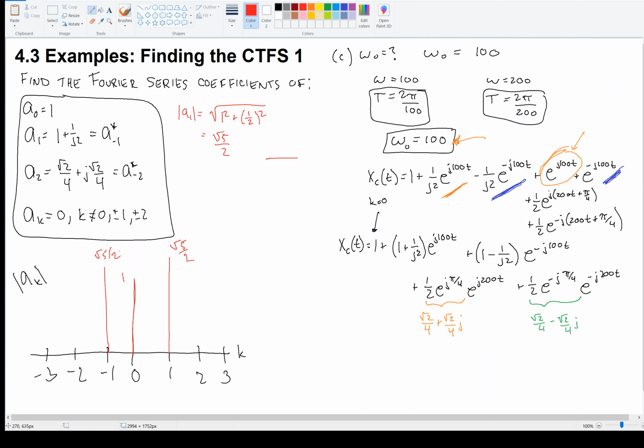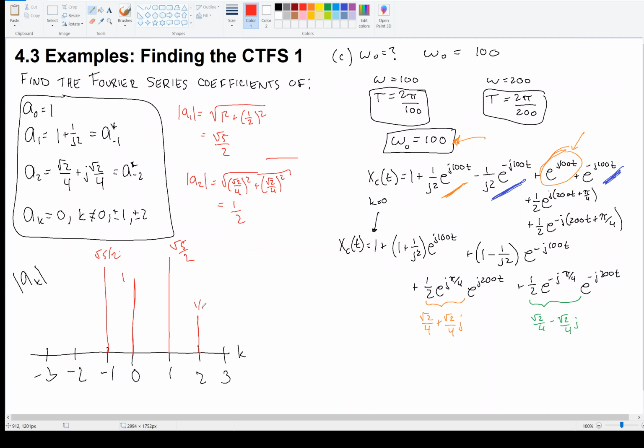Now A2, what's the magnitude of A2? That would be the square root of the square root of 2 over 4 squared plus the square root of 2 over 4 squared. So this would make 2 over 16, or 1/8, and 1/8 plus 1/8 is 2/8, 1/4, so the square root looks like it's 1/2, if I've done that correctly.